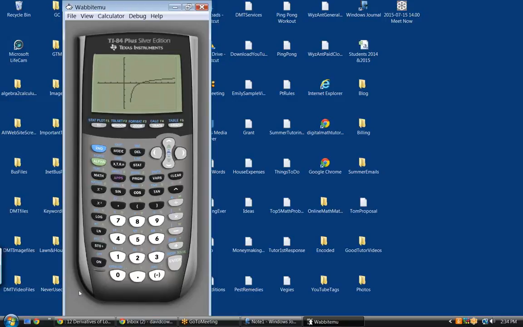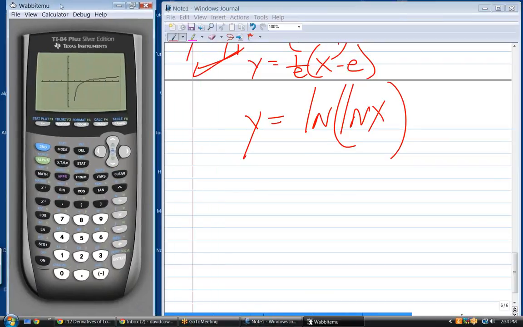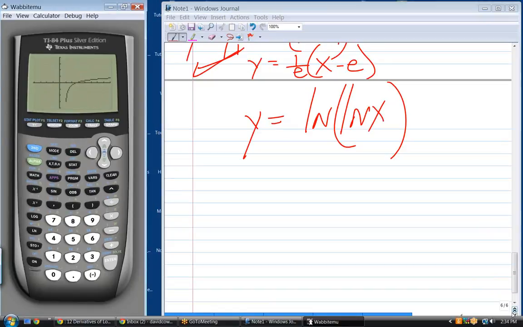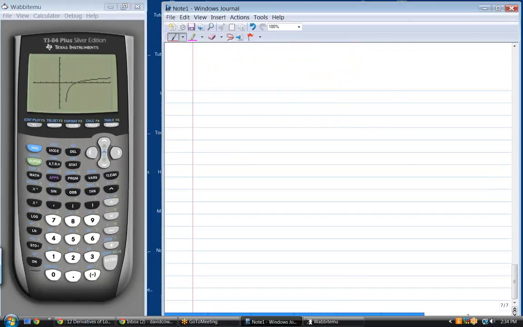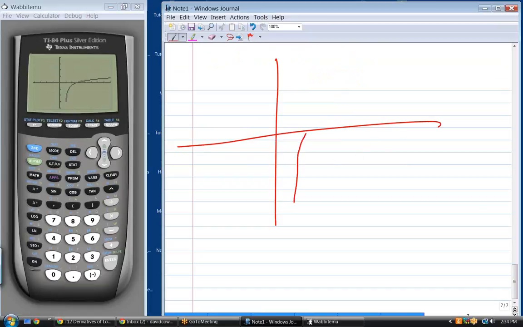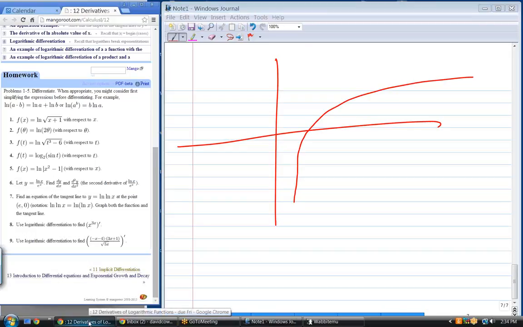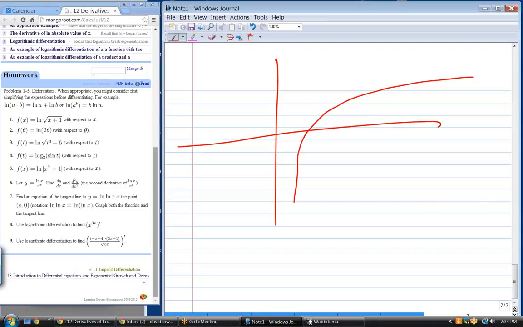I'm not sure how they're going to want you to do this for your test. But it clearly is something like this. And they said graph both the function and the tangent line.